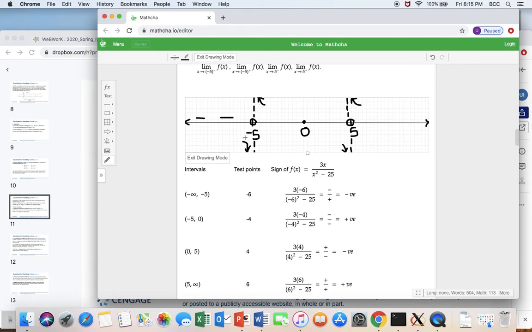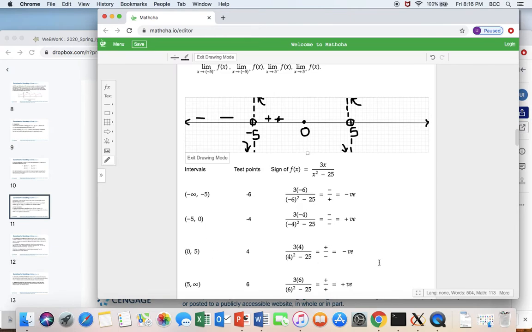It will go to negative infinity. In the second interval, negative 5 to 0, I am positive, so I am above the x-axis. If I'm above the x-axis, then I'm not going to go below. I'm going to go to positive infinity.